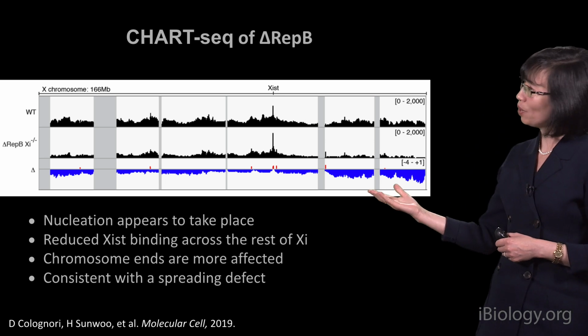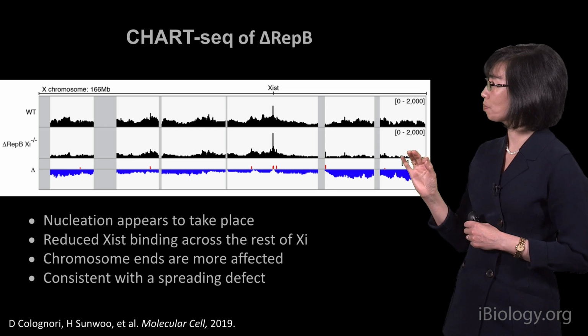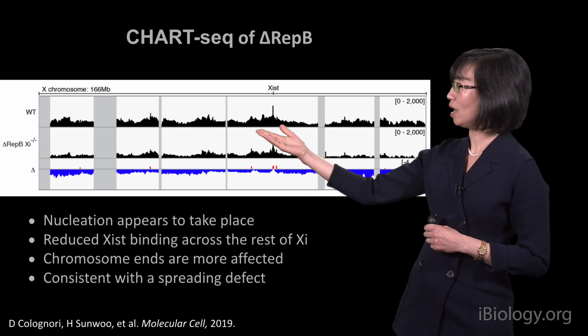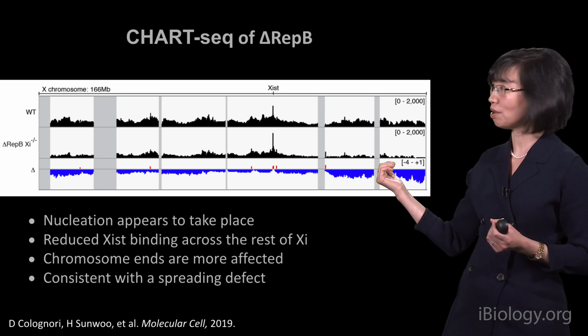All right, so what happens when we delete this critical repeat B, which is important for spreading? So again, here in the top row, we can see the wild-type spreading pattern that's covering essentially the entire chromosome.